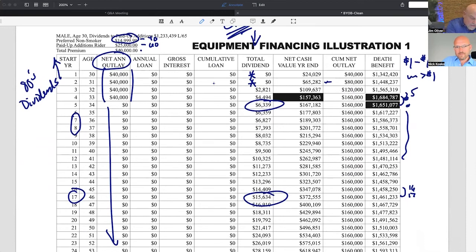Are all of these policies written the same way, funded the same way, everything else? Nope. This is the same policy used a different way. It's the same F-150 that you and I are going to buy, but then it's a race to see how great you can use it.